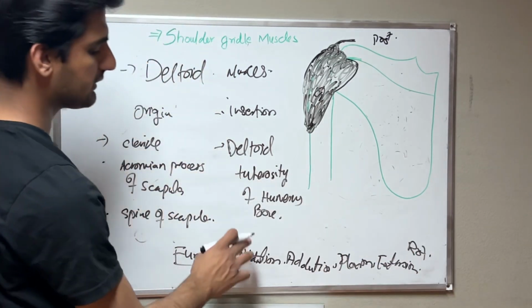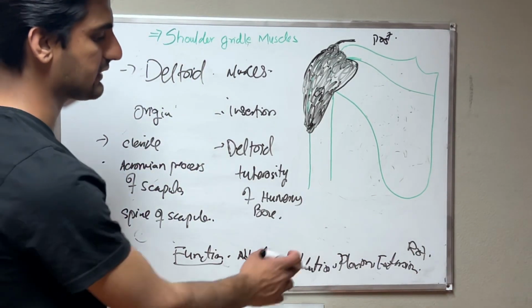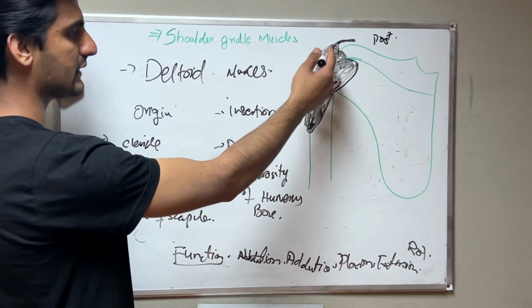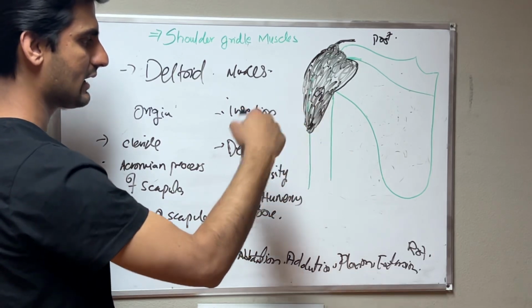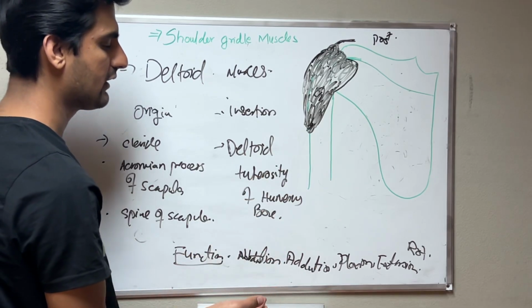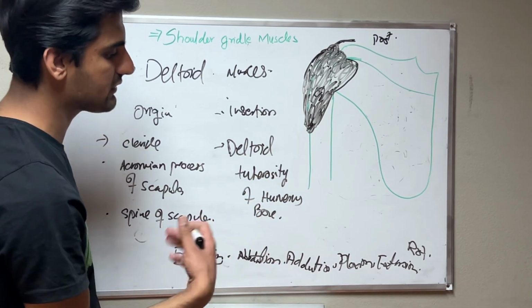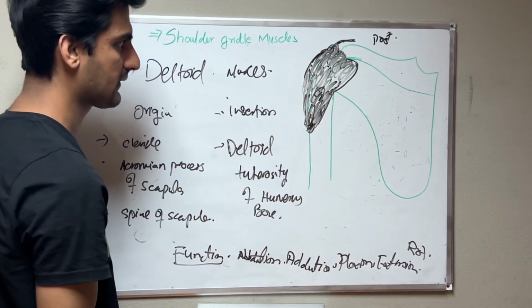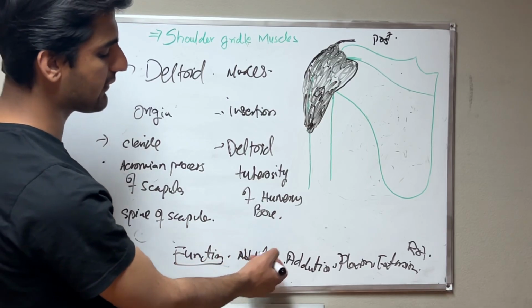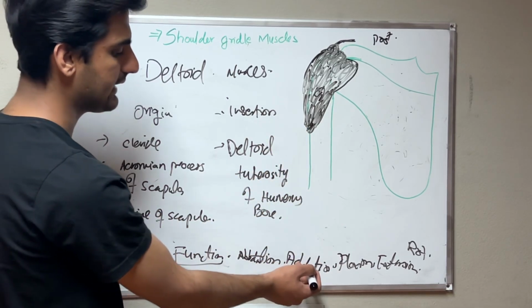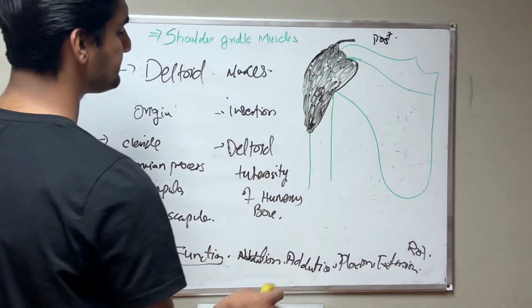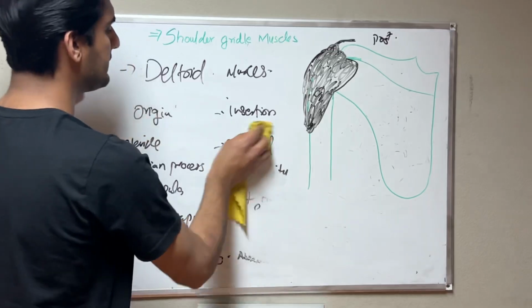You know why I said these functions? Because the muscle has different parts: if the clavicular part contracts, it helps in a different function; if the spine part contracts, it has a different function; if the acromion part contracts, it has a different function. That's why I said this muscle helps in adduction, flexion, extension, and rotation. This is the deltoid muscle.